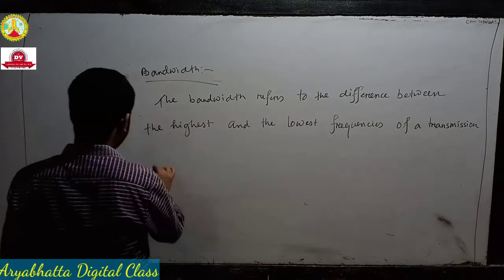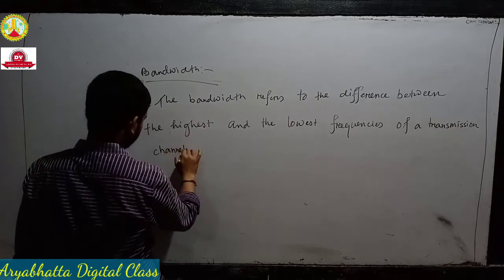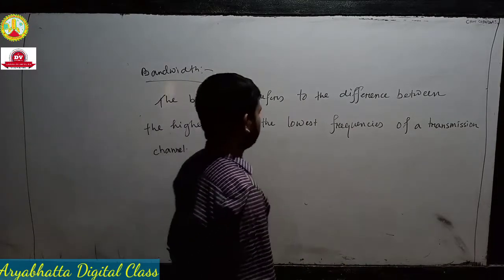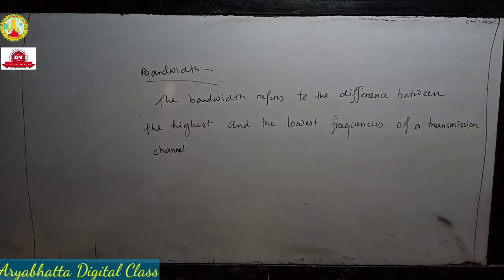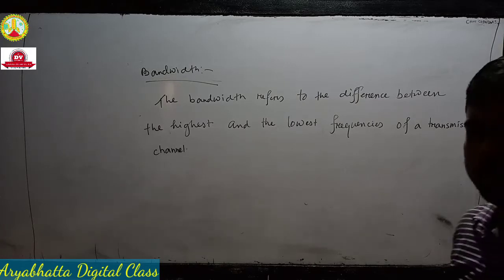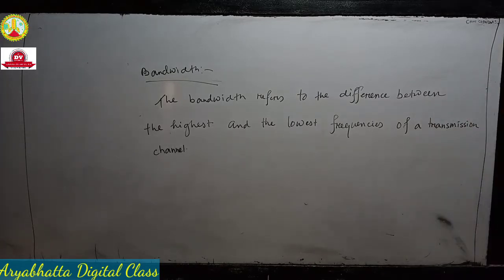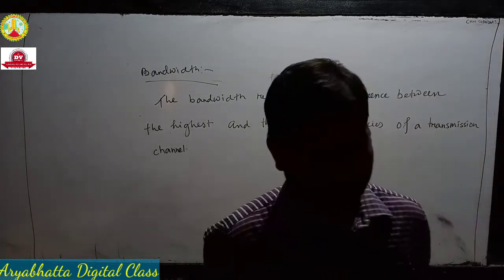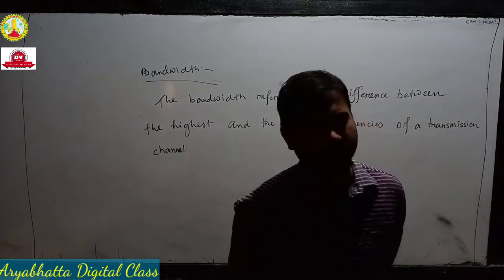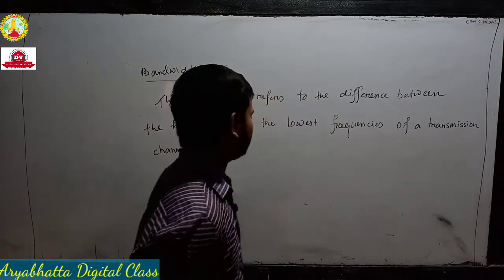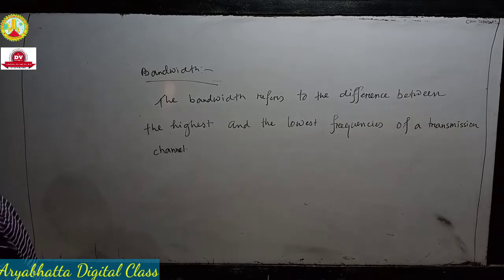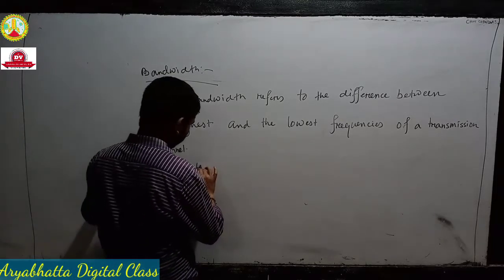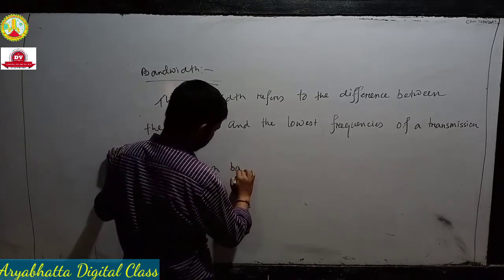I already told you the formula for bandwidth: F2 minus F1, where F2 is taken as the highest frequency and F1 is taken as the lowest frequency. This is the concept.